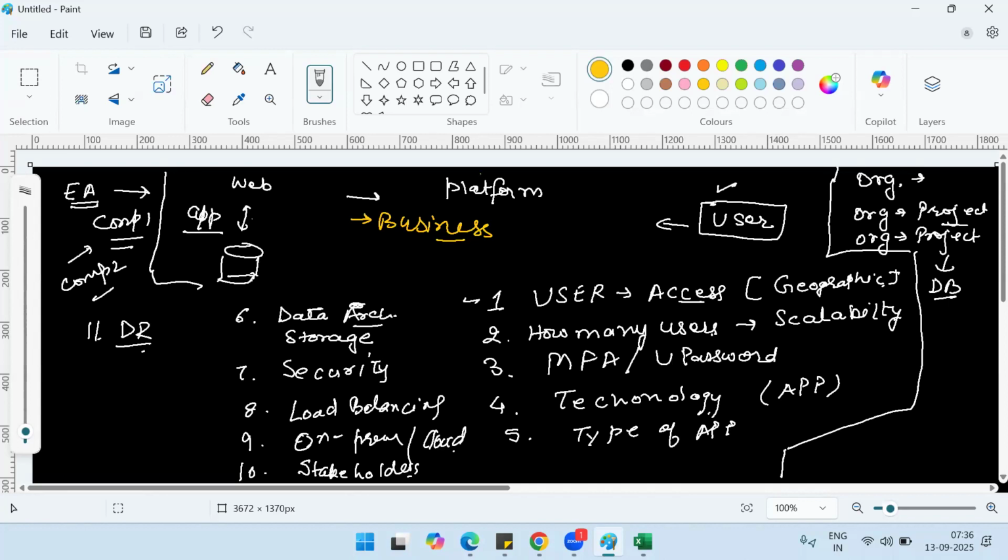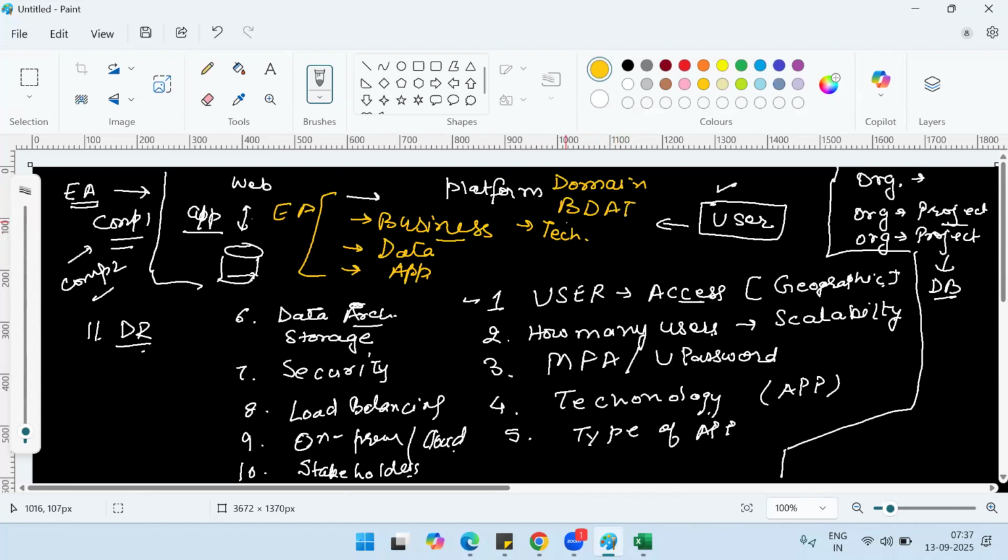Here we need to know the business, the data architecture, the application architecture, and the technology architecture. As an enterprise architect, you need to know that. This is called the architecture domain.